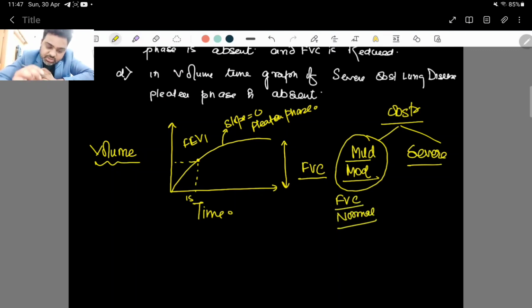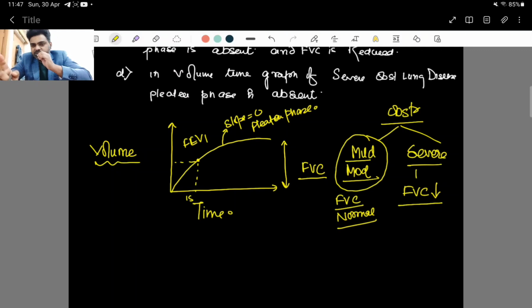FVC decreases in obstructive disease only in severe form. This is the first thing. Therefore, whenever you plot a volume time graph of an obstructive disease, if the FVC comes to normal, that means it is not a severe obstructive lung disease, it is a mild to moderate obstructive lung disease. This is the first thing.